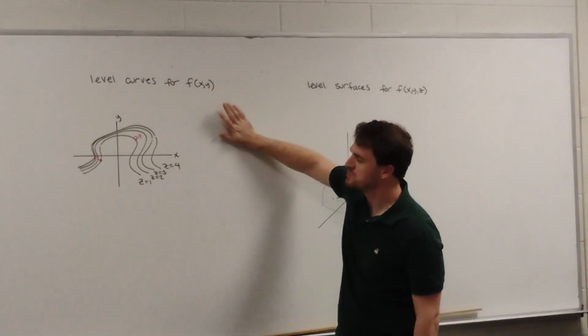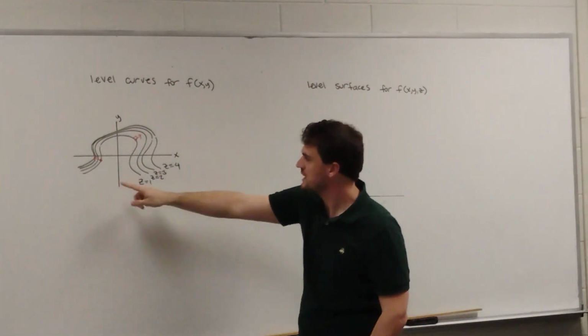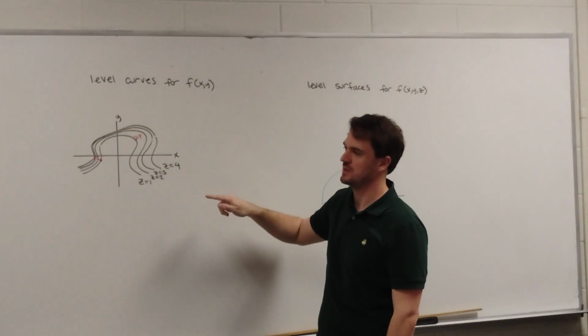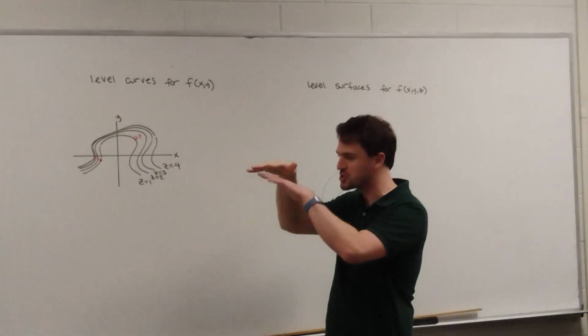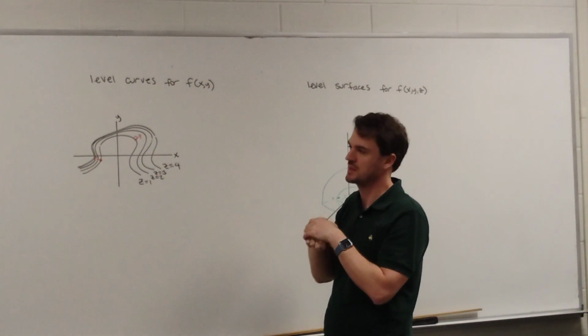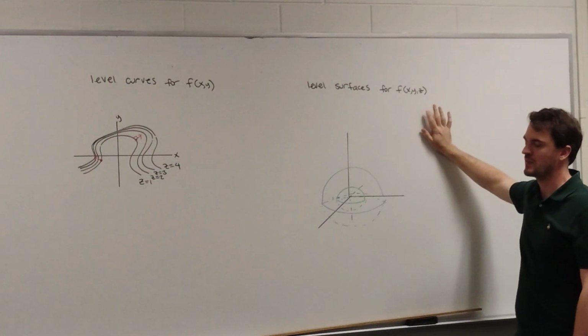So again, we had some sort of function. We were just picking different values of z, and we would get a 2D image and then sketch it. It was a way to look at this contour map of what's happening by shrinking it down to 2 dimensions. Again, you can't visualize a 4D thing.